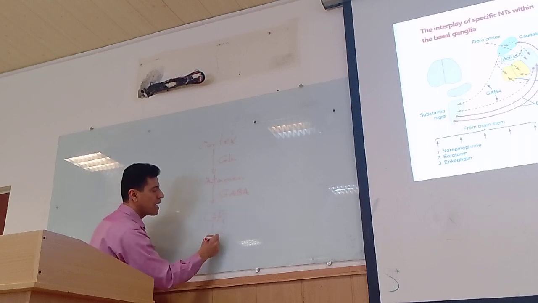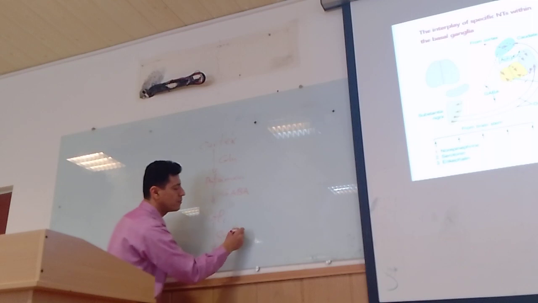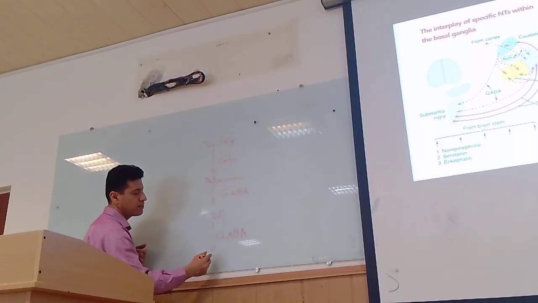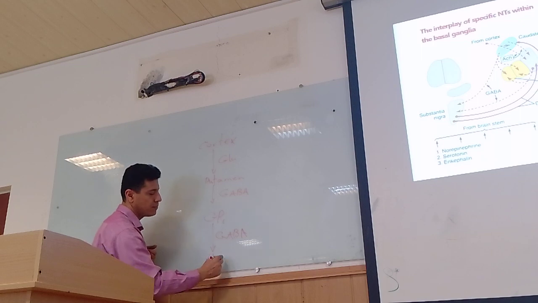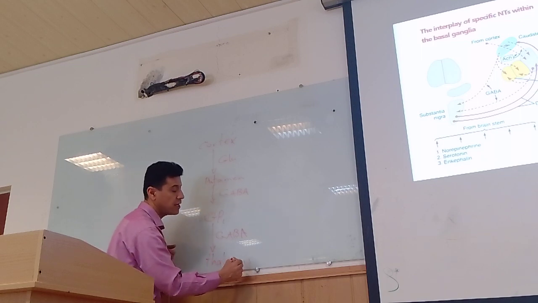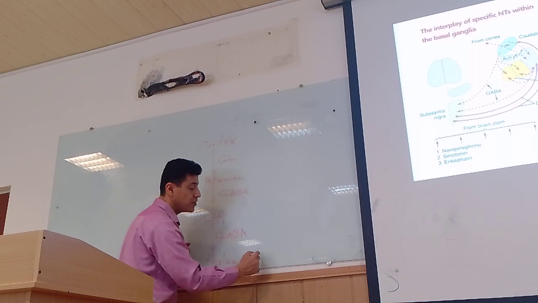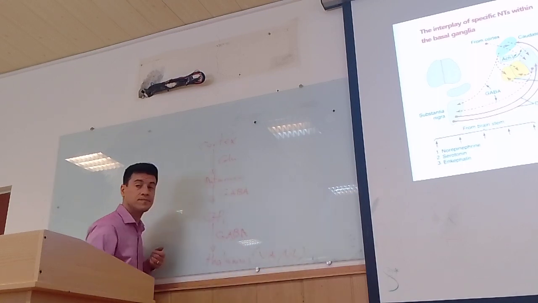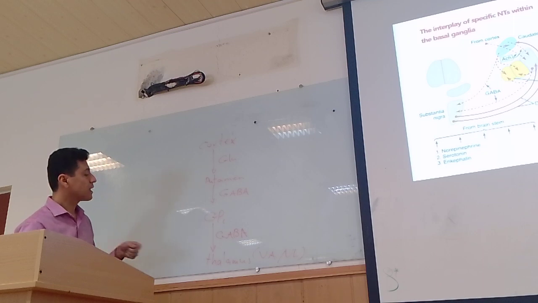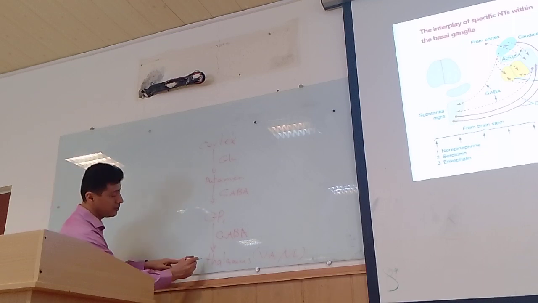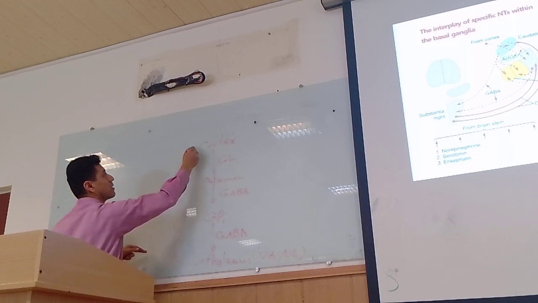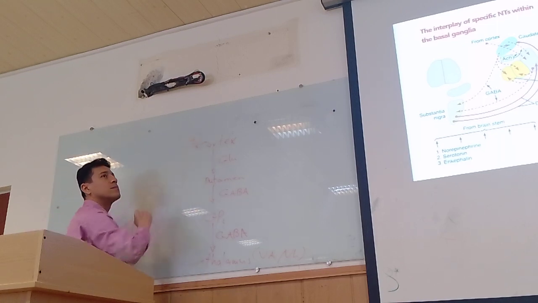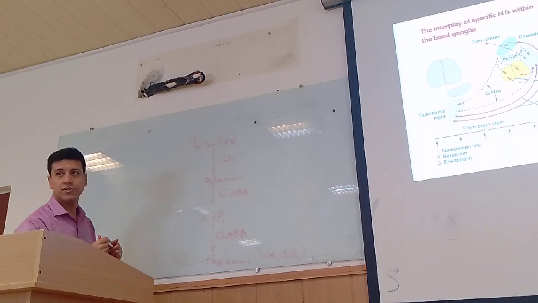This one is also GABAergic. Where is it released? Thalamus. Which nucleus? Ventral anterior, ventral lateral. Thalamus is excitatory and excites the cortex. Glutamatergic.